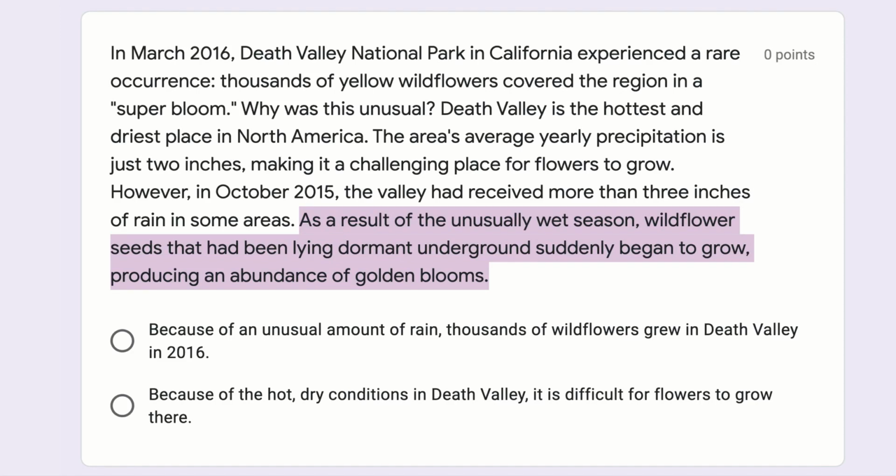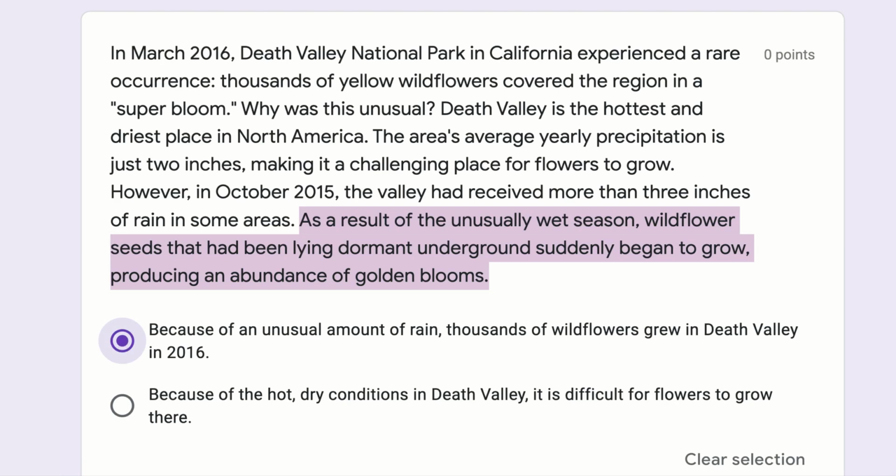It helps me figure out what the author wants me to know, which is that because of the rain that this area got that it doesn't normally get, wildflowers were able to grow there. Does that connect all of the information that's given to me in the rest of the paragraph? Yeah, it does. So our correct answer is going to be the first option.